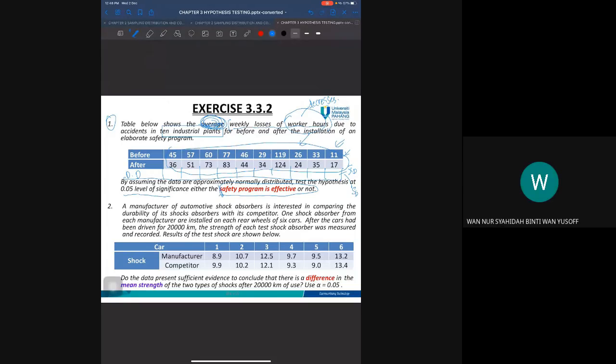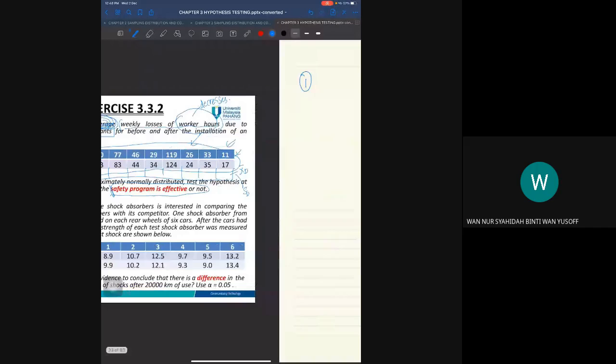After. Okay, so it should be mu after less than mu before, isn't it? Yes. So the safety program will be effective if the worker hours after are less than the worker hours before. So you have mu A less than mu B.